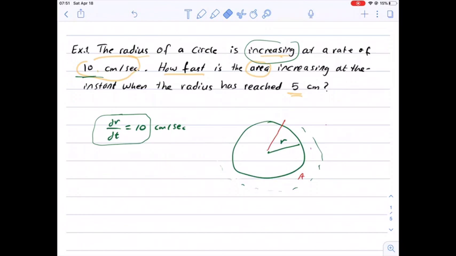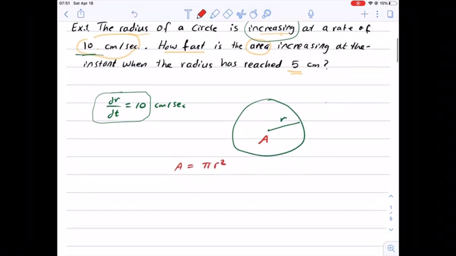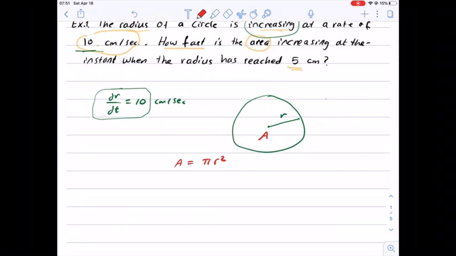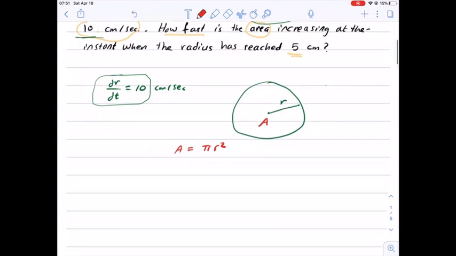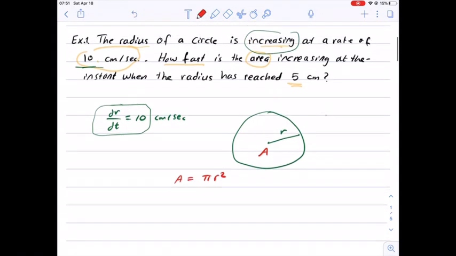So here, for this problem, we have two quantities, radius and area, and we want to find some relationship between them. So area is pi r squared. This is the basic relationship between the area of the circle and its radius.